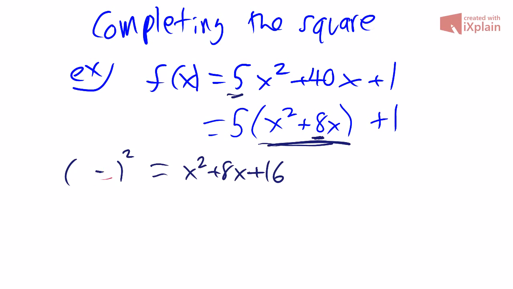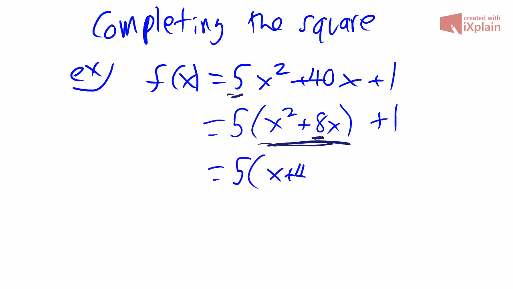So I'll show you how to do that. All right, so in other words, we want to make this 5 times (x plus 4) squared. Actually, let's write it like this.